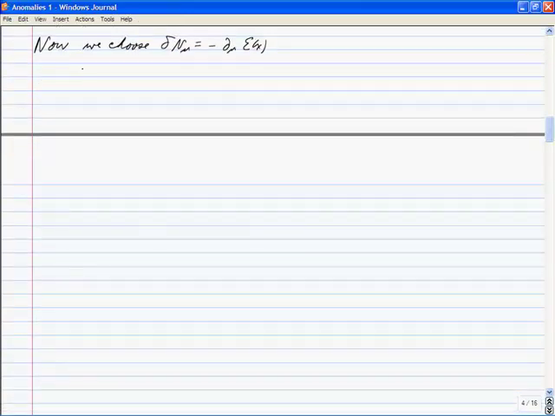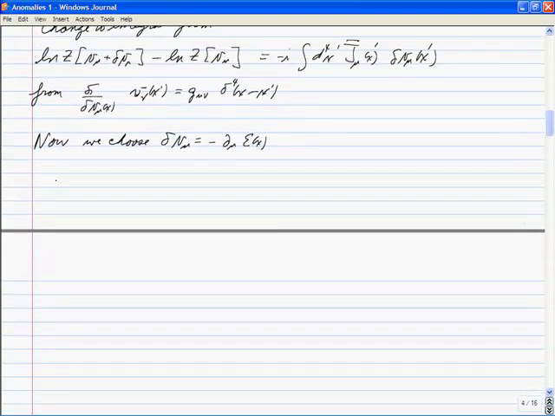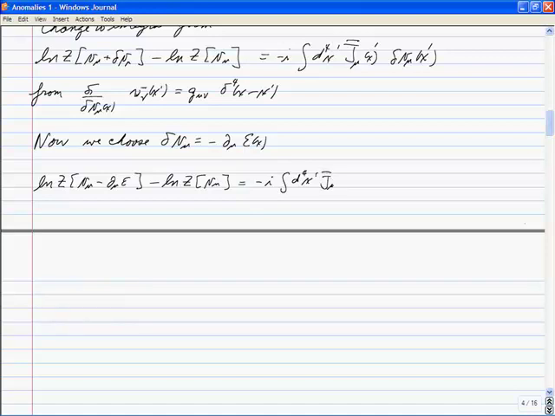So the formula that sits there is log z of v mu minus d mu epsilon, minus log z of v mu, equals minus I integral d4x prime j bar mu of x prime times d mu epsilon of x.